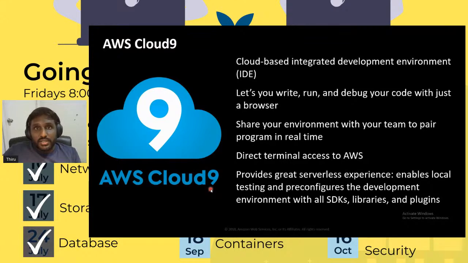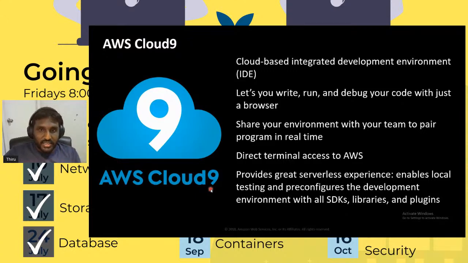I did not actually talk about this earlier, but I just wanted to add it in. Some of you might be familiar with Cloud9 already. Cloud9 is a fully cloud-based IDE. It gives you an entire IDE right within your browser. Because it's sitting on AWS, it's actually an EC2 instance, so you can even SSH to it.